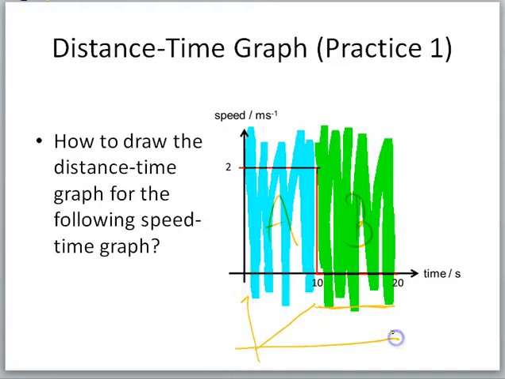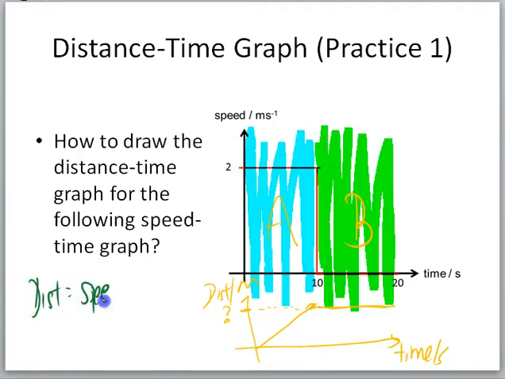This is distance, this is time. The only question left is, what's the distance traveled? What's this point over here? How do we find out the distance over here? What you'll do is take 2 multiplied by 10, because distance is equal to speed times time.